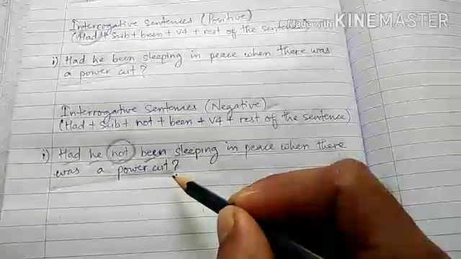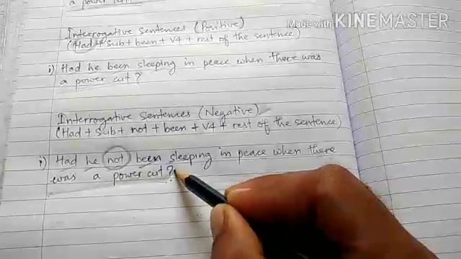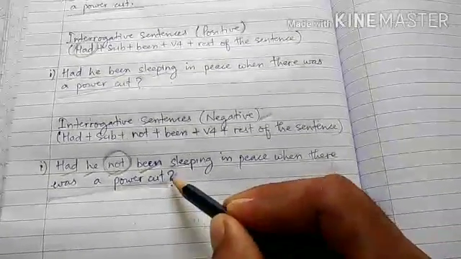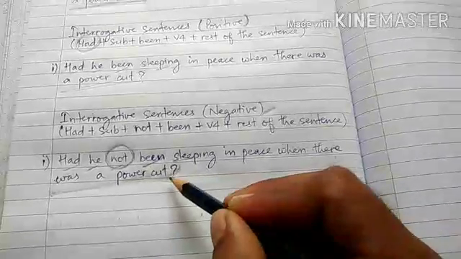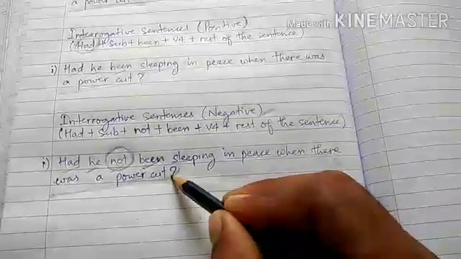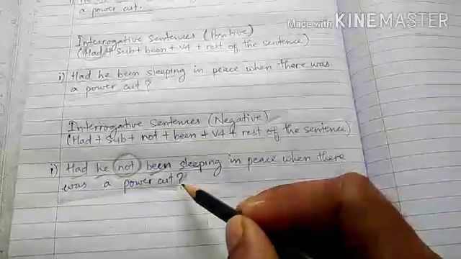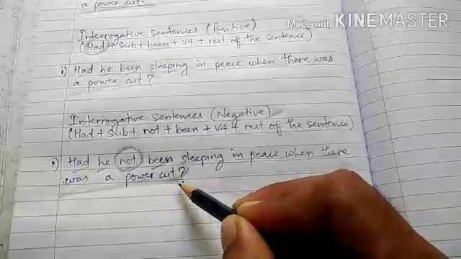Because since we have started this chapter tenses, we have completed most of the classification of tenses. Like we have left with only the last classification after the past perfect continuous tense, that is the future perfect continuous tense, that we will complete in the next video.